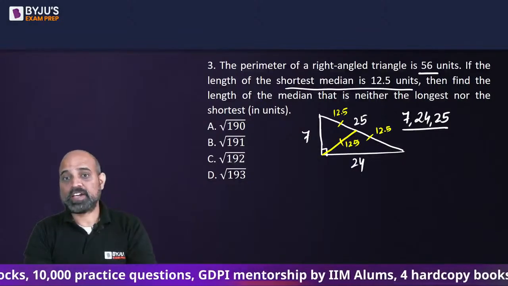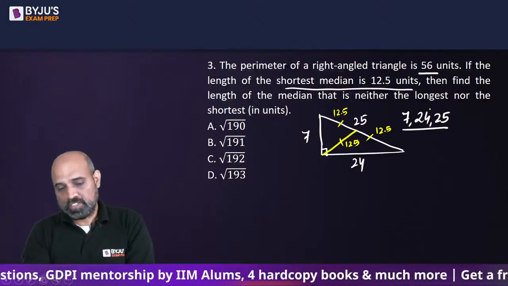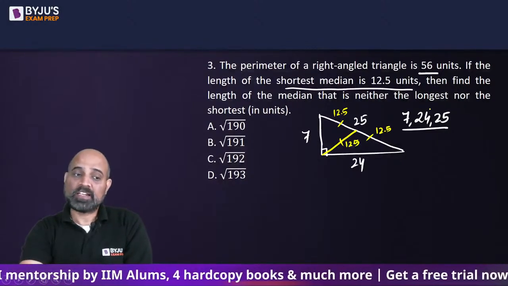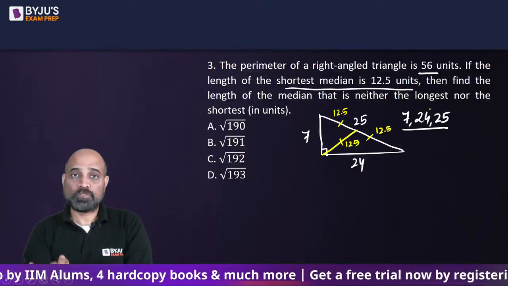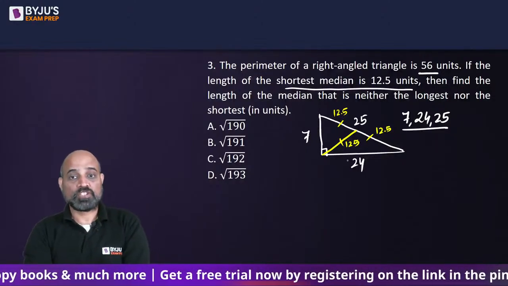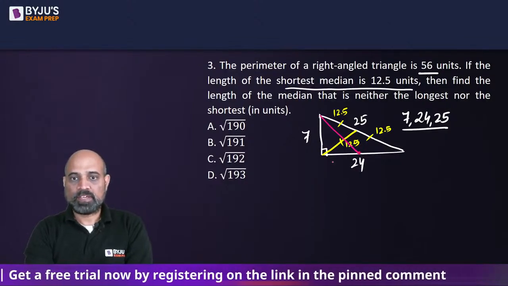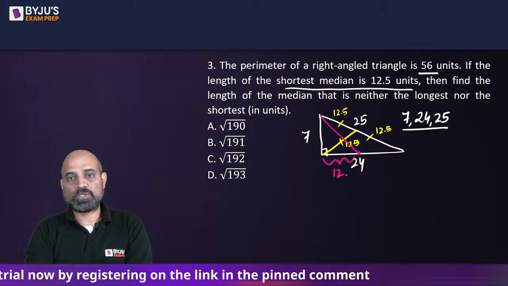Once this is verified, we need to find the median that is neither the longest nor the shortest. To find the median of that length, you have to choose the side on which that median is dropped, which is 24. So on 24 you have to find this length, which turns out to be 12.